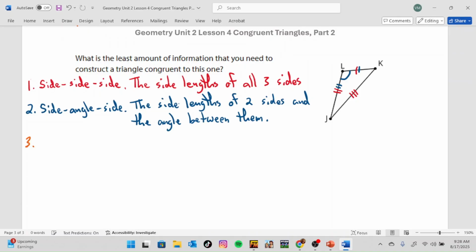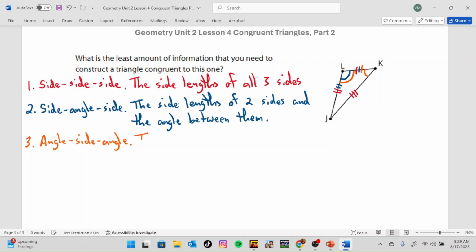And then the third option is when I only have one side length. So if I were to have the side length for LK, then I would also need the angle for L and the angle for K. And this is what we call angle, side, angle.